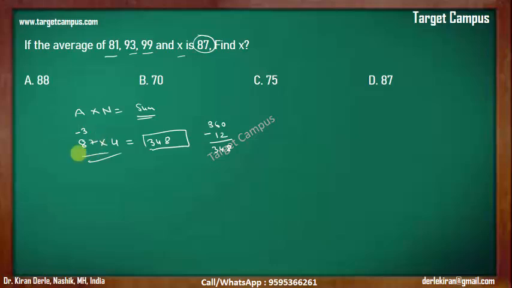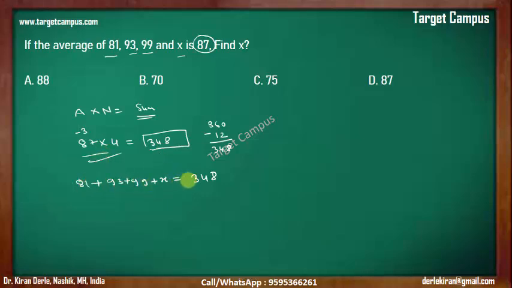These are very much shortcut tricks, guys. Try to learn this. Now what is given to us is these 4 terms, 81 plus 93 plus 99 plus x. The total of these 4 terms is 348, right? This is 81.